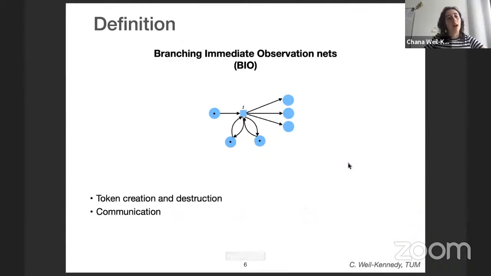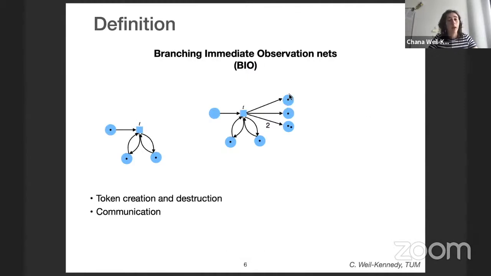All right, so our bionets are really a generalization of both of these. We have transitions of this form, which have one purely input place, possibly multiple output places, and multiple observation places. So here, if we fire this transition, we get this distribution of tokens. It's possible to have weights on the output arcs.